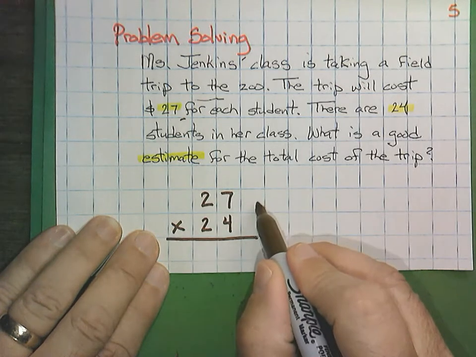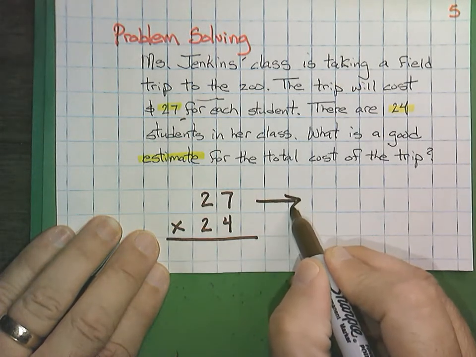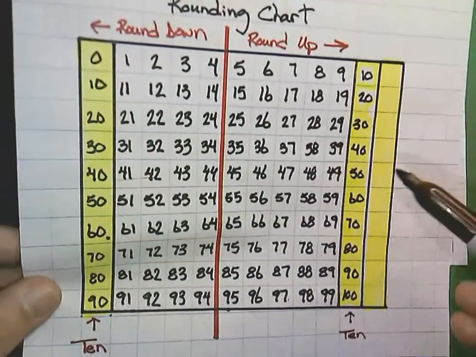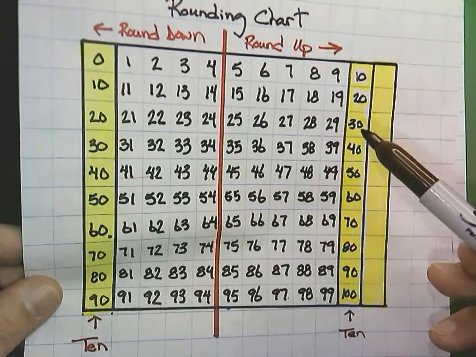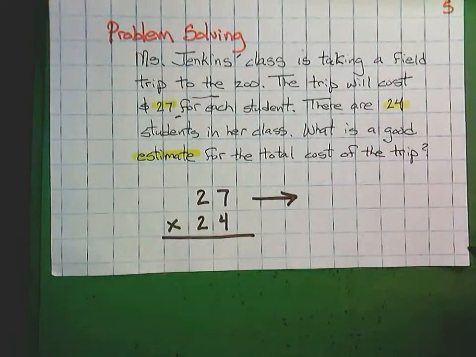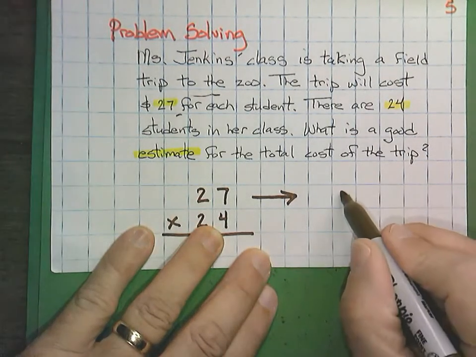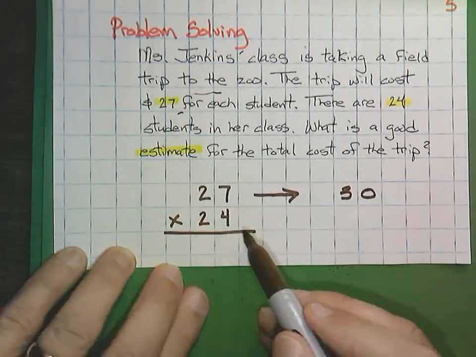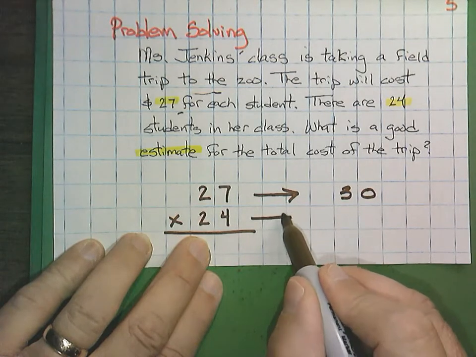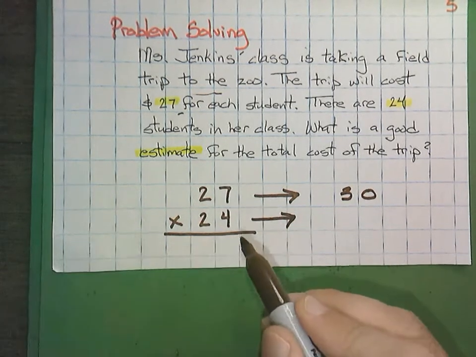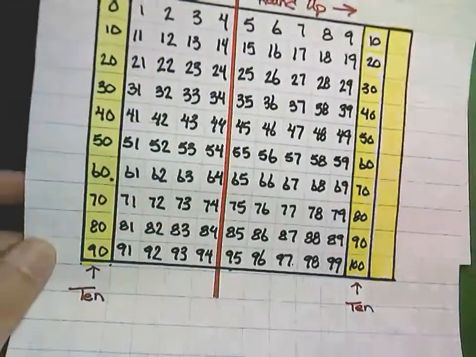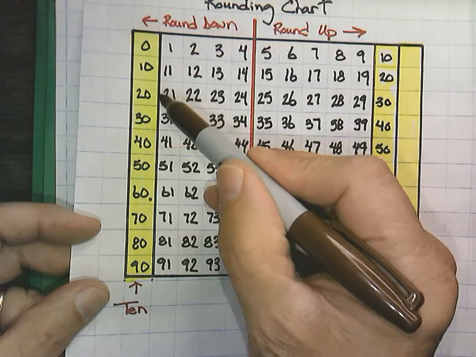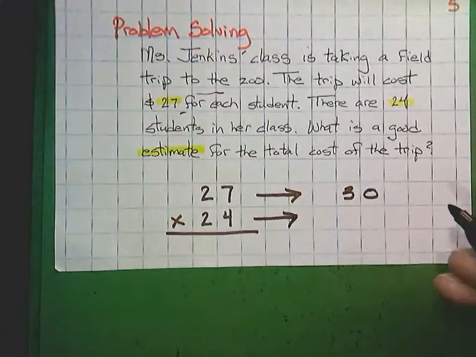Our first step to estimate is going to be to round. I know that 27 is going to round to 30, but I'll show you right here. 27 rounds to 30. And 24, I know, is going to round down to 20, but I'll show you here. Here's 24, and you can see that it rounds closest to 20.